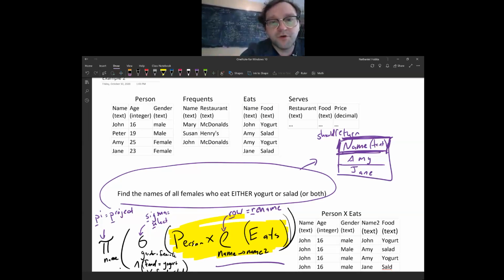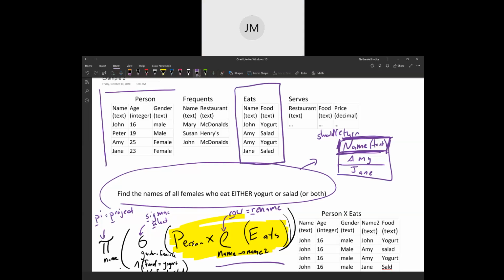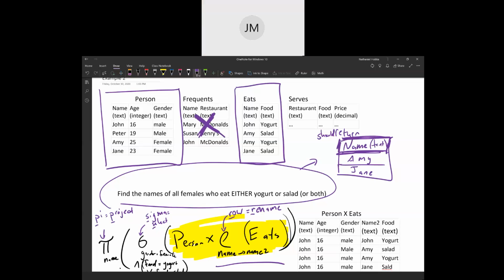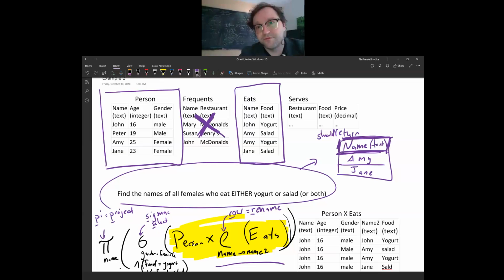Like, okay, so we're working with these two relations, right? Eats and person. Okay, now we're gonna cross multiply them, right? Yep. But we are cross multiplying not person with eats, but person with rho applied to eats.